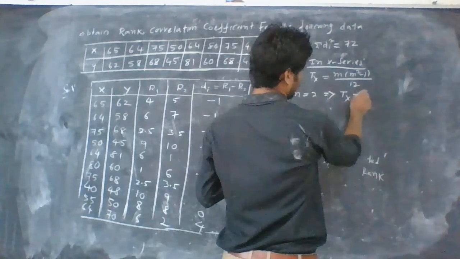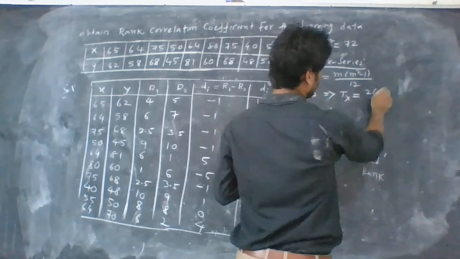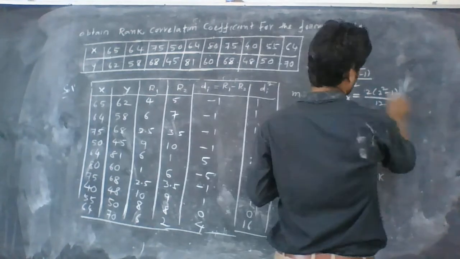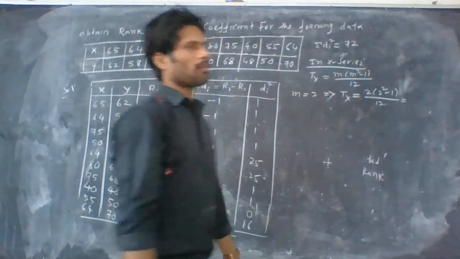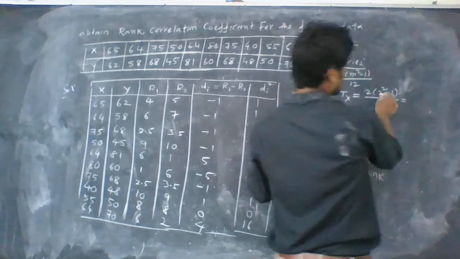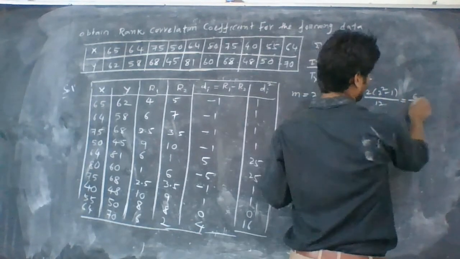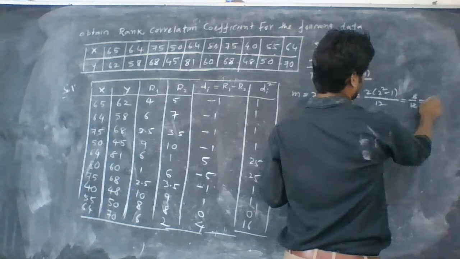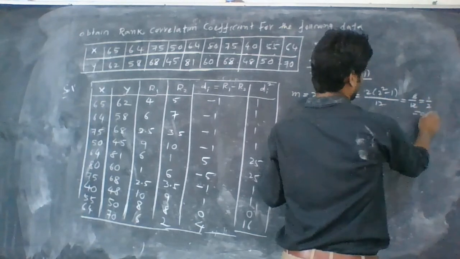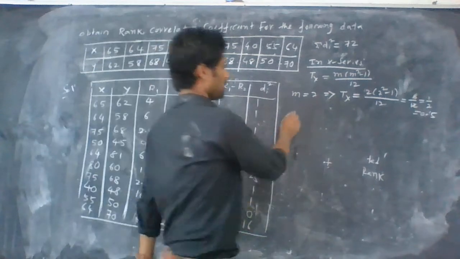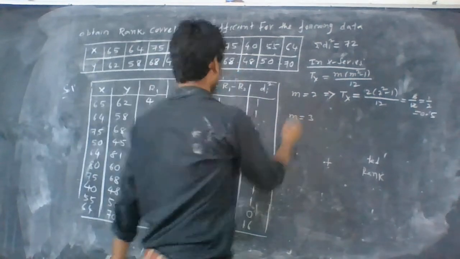So Tx equals 2 into 2 square minus 1 by 12. 2 square is 4, 4 minus 1 is 3, 2 times 3 is 6 by 12. That is 1 by 2, that means 0.5.